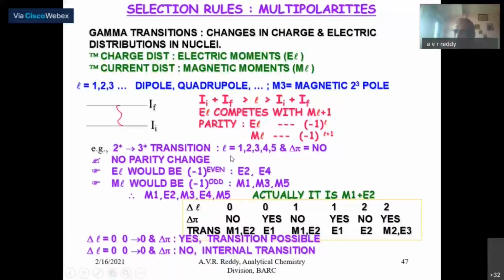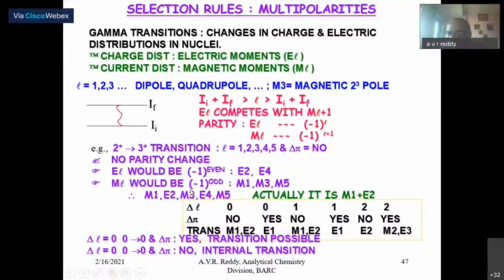Then L values can be the difference, right? 1, 2, 3, 4, 5, etc. Delta pi is no, because both are plus. So no parity change. No parity change means EL would be minus 1 to the power of L, which should be plus, so it can be E2 and E4.